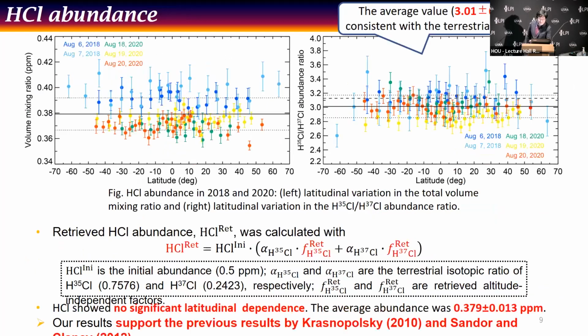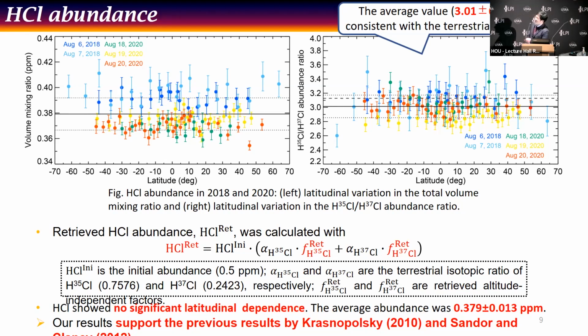Okay. And next are the results for hydrogen chloride abundance. The retrieved hydrogen chloride abundance was calculated by this equation. The left figure is latitudinal variation in the total volume mixing ratio in 2018 and 2020, and different colors denote the observation date.